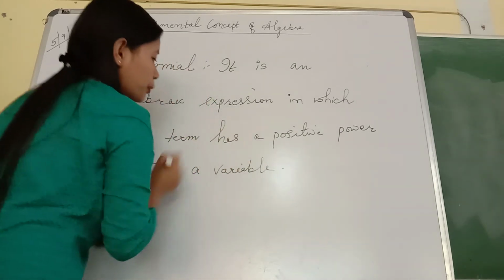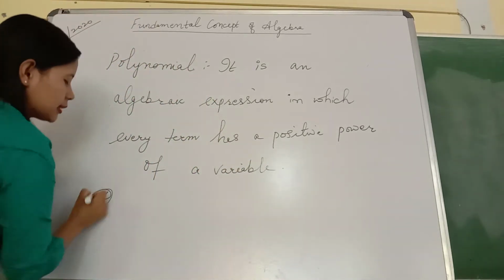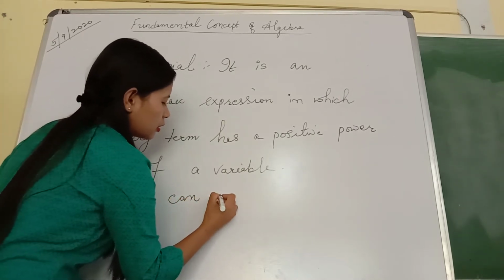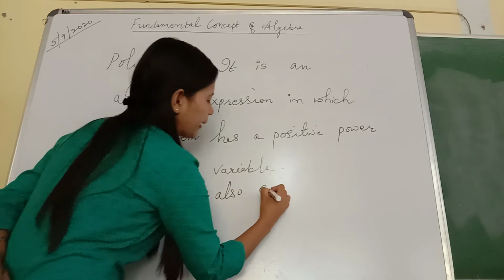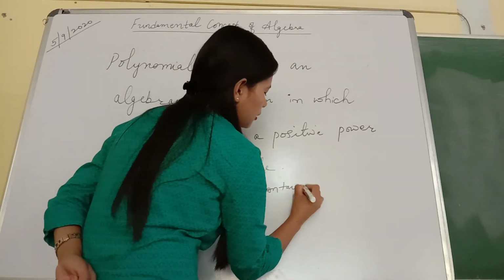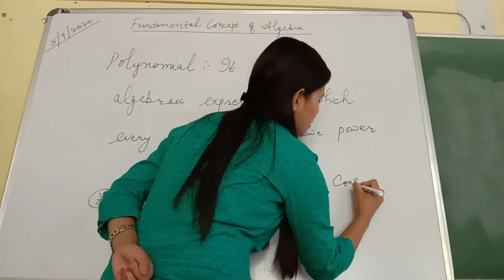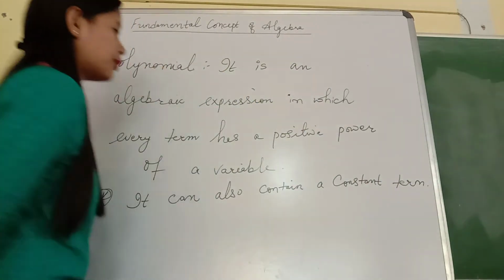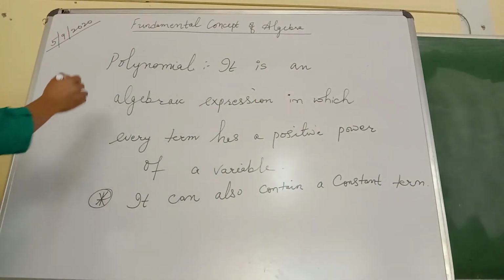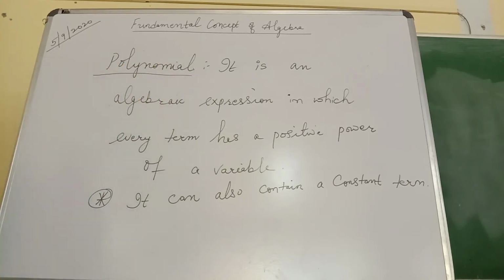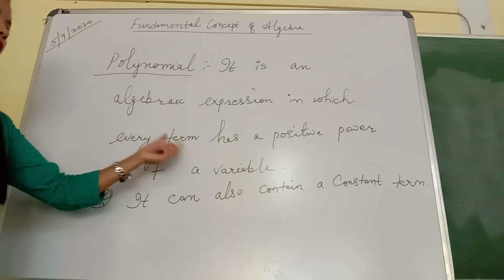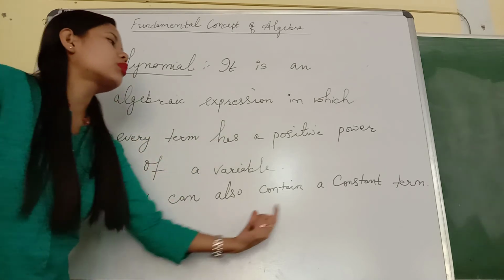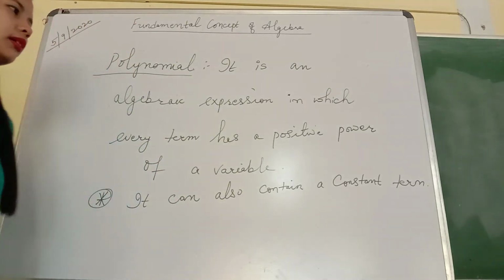You need to remember that a polynomial can also contain a constant term. It is an algebraic expression in which each and every term has to have a positive power of a variable, and it can also contain a constant term.